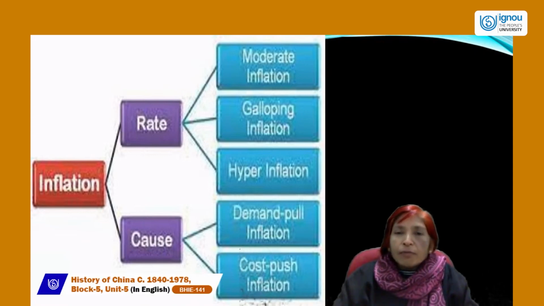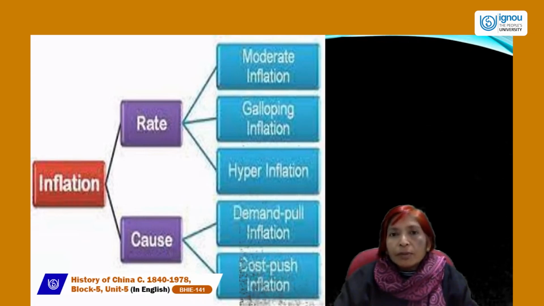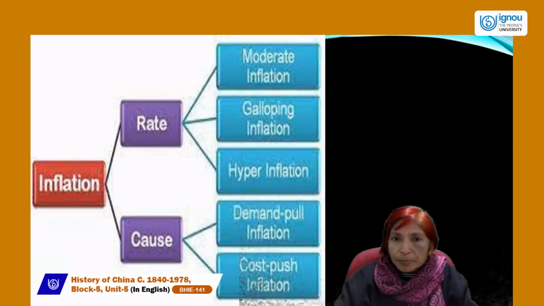Number one is moderate inflation. When the inflation rate lies between 5% to 8%, that is called a moderate rate of inflation.